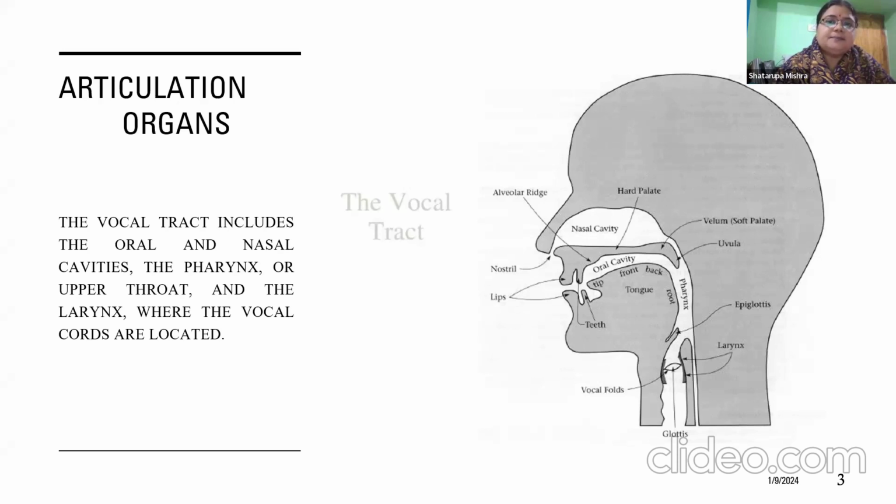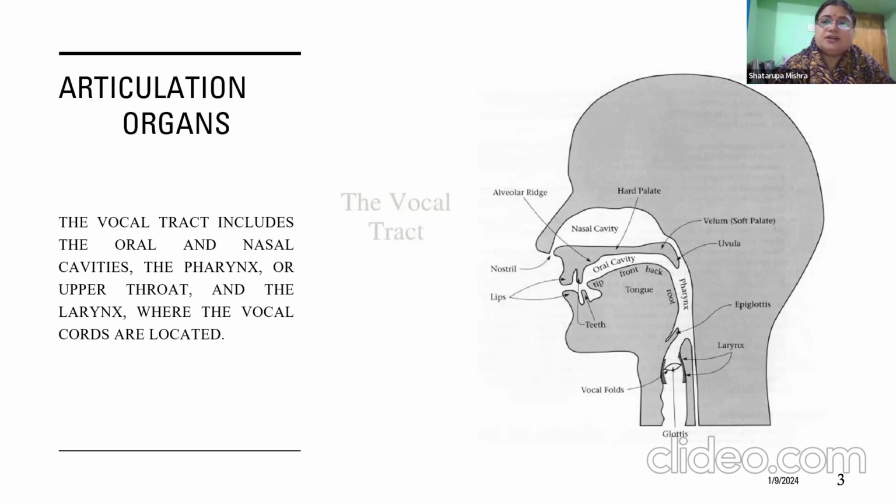It is the passage where sounds are produced and filtered. So the vocal tract includes the oral and nasal cavities. It means the spaces within our mouth and nose. The nasal cavity is the cavity in our nose, and the cavity in our mouth is the oral cavity.